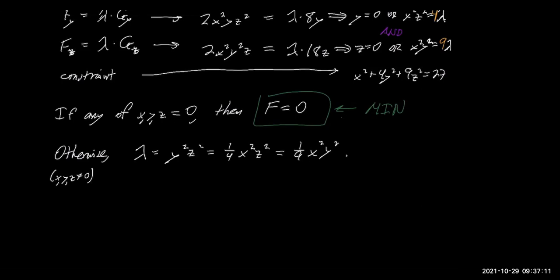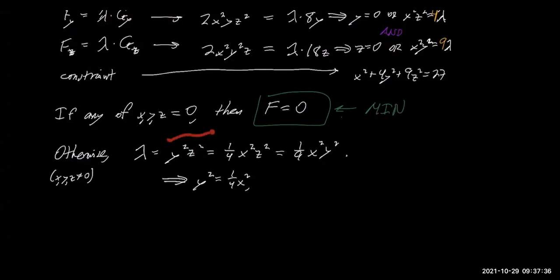And so this would imply, if we canceled the z squareds here, we would get y squared is 1/4 x squared. We're going to want to use the constraint, right? So I guess we could try to put everything in terms of x.